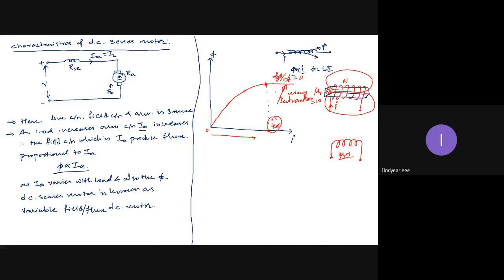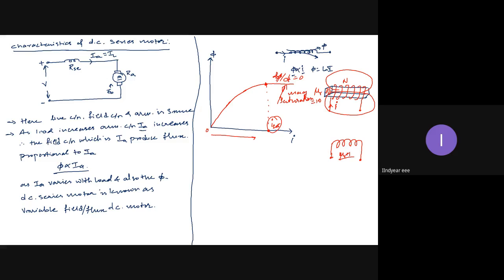So I should make sure that my transformer core, motor core or generator core never magnetically saturates, so that d phi by dt does not become 0. It should never happen. Once it happens, my motor or generator stops converting energy, even though you are giving the input energies. So this is called saturation.